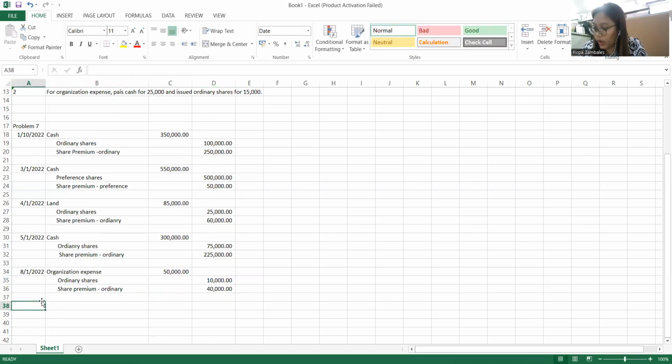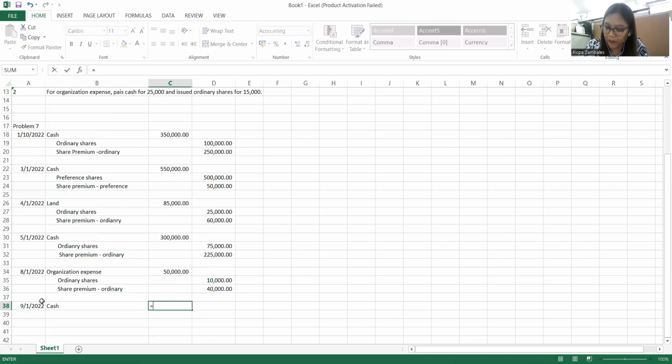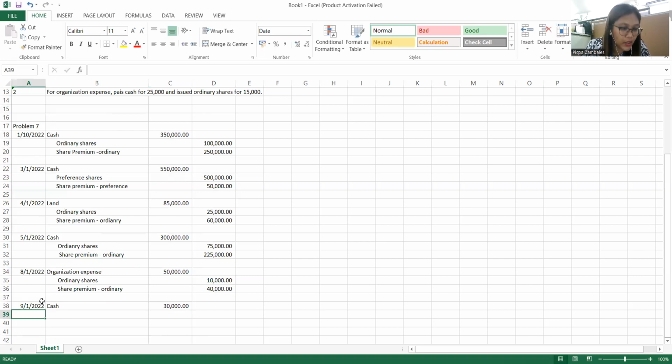Last two. On September 1, the corporation issued 500 shares for cash. So, cash, 160 times 500. It's 80,000.